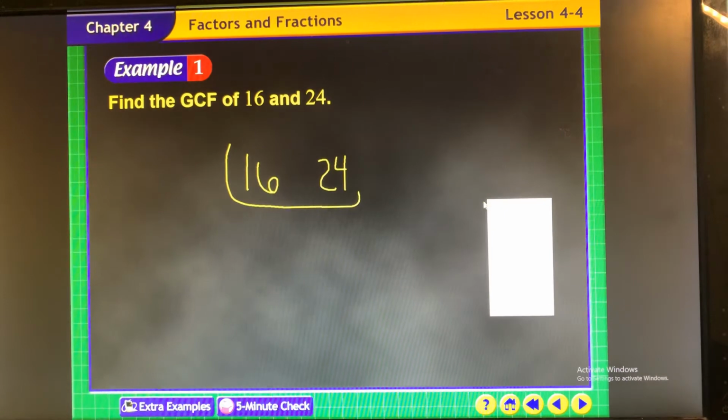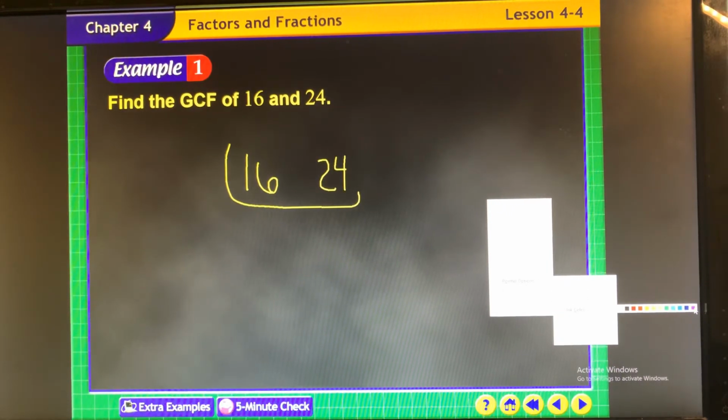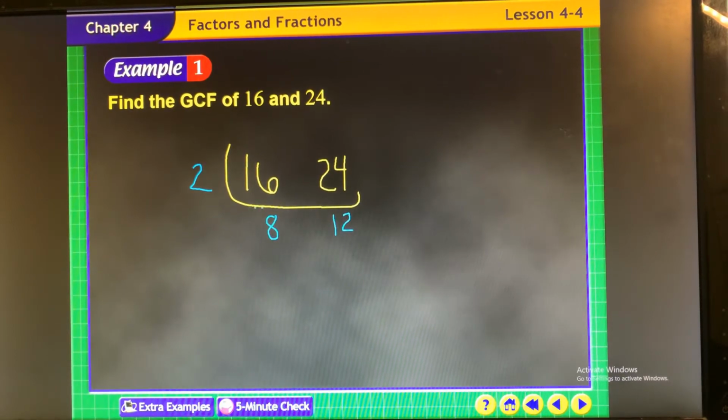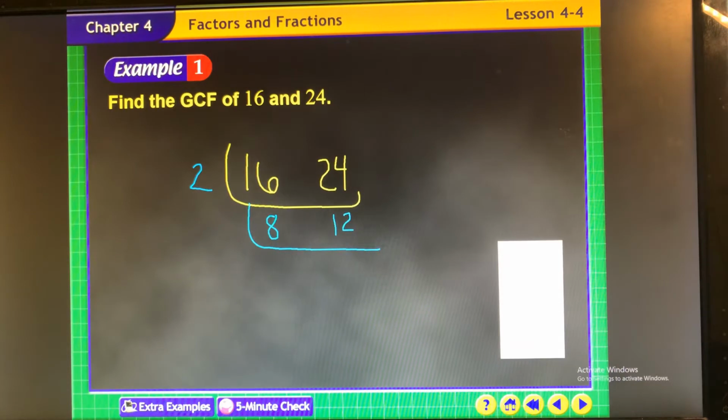Let's just say you don't know your times tables very well. Well, you need to get to know them better, so work harder on that. But let's say the biggest number you can think of that goes into 16 and 24 is 2. 2 goes into 16, 8 times. 2 goes into 24, 12 times. And then you look at this and go, oh, but wait a minute, something goes into those, so I'm going to cake it again.